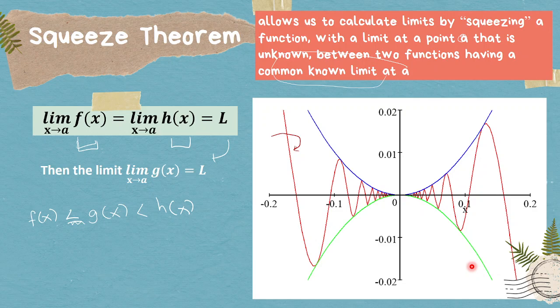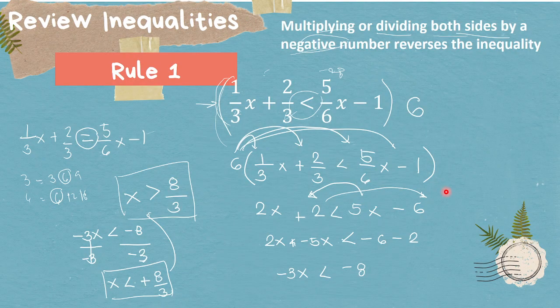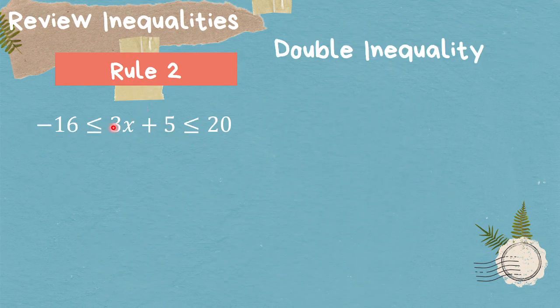So if we represent this function as an inequality, the middle one is the one that is bounded, and this one is the one who bounds the 3x plus 5.